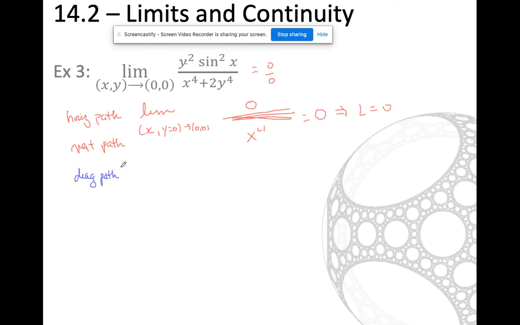So my diagonal path, I'm going to hold y to constantly be whatever x is. And I'm going to write it like this.